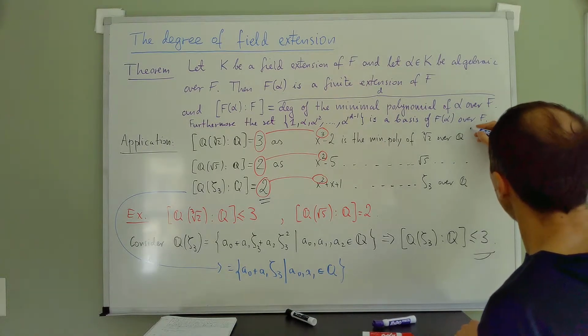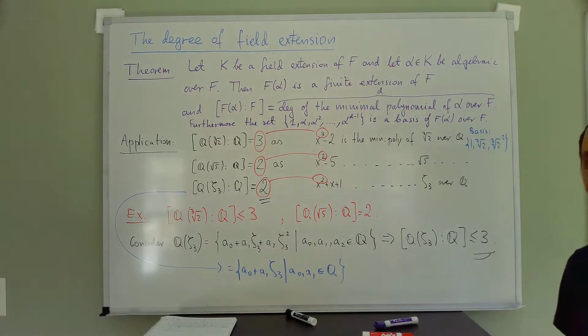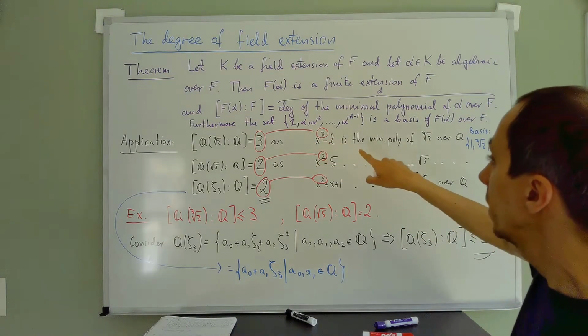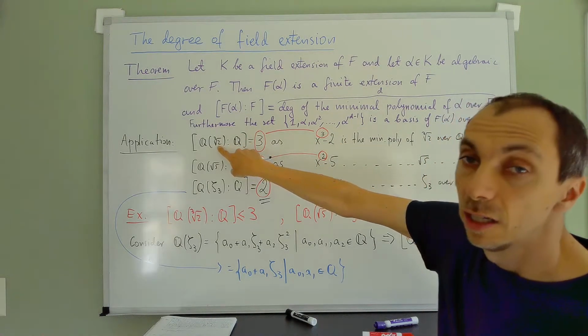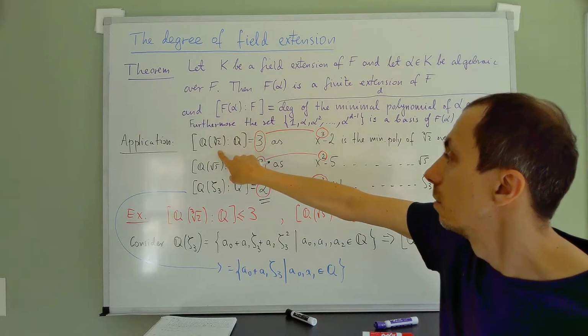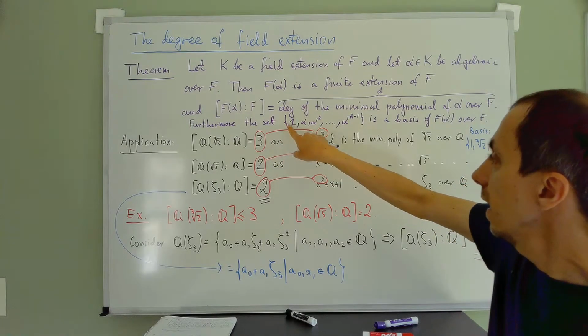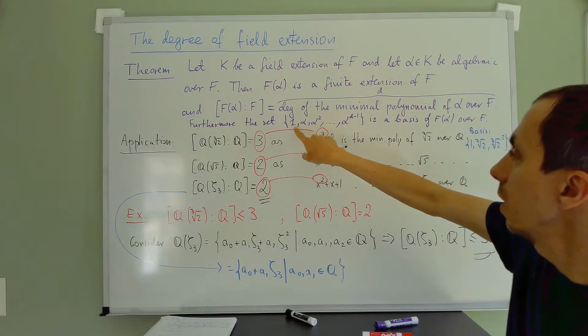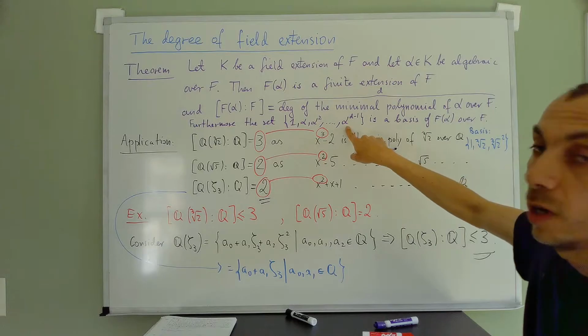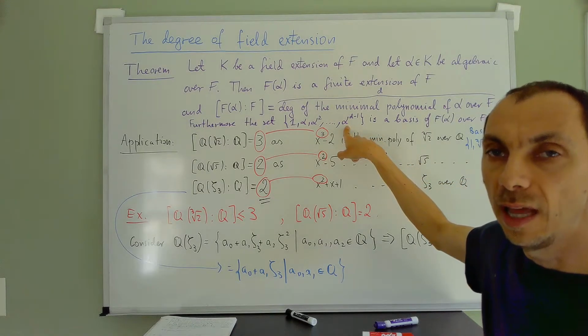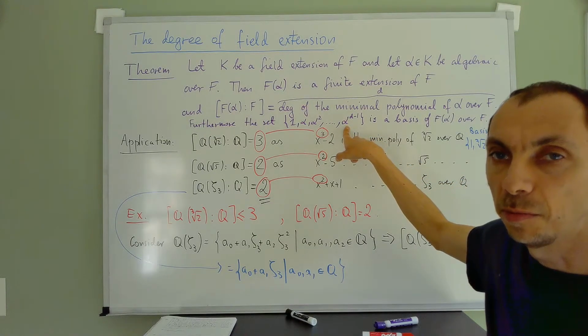So for this example, the basis would be 1, cube root of 2, cube root of 2 squared, which was our spanning set. My alpha here is cube root of 2, and my F is Q. The degree is 3, and the basis is 1, alpha, alpha squared, all the way up to the power 1 less than the degree of the minimal polynomial.